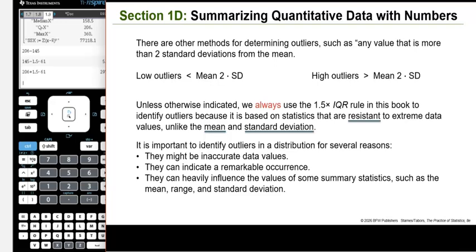They can also indicate something exceptional, like a really exceptional basketball player, whatever it is you're studying: wow, this person or this thing did really well. They can also heavily influence the values, so they're worth studying because they're having a huge effect on all those non-resistant measures: the mean, the range, and standard deviation.